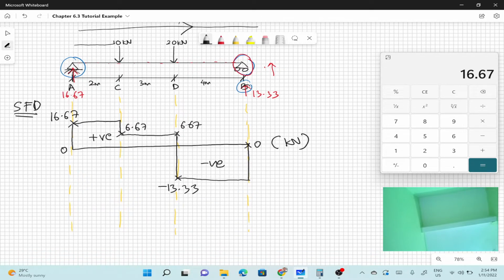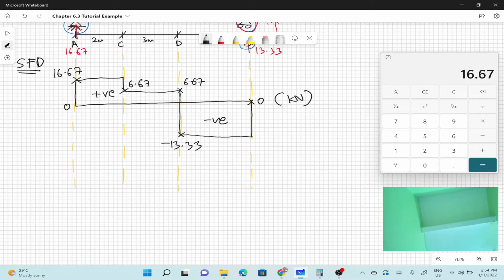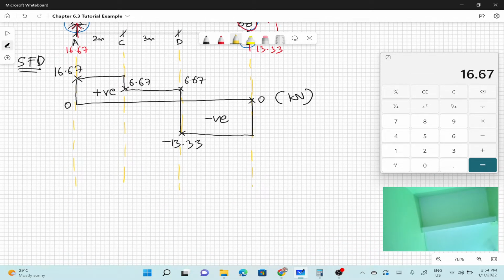Okay, now we want to sketch our bending moment diagram. Okay, so now I'm just going to do the same thing. The unit should be in kilonewton meter. So why do we know kilonewton meter? Because M is equal to FD, bending moment comes from this formula, FD.